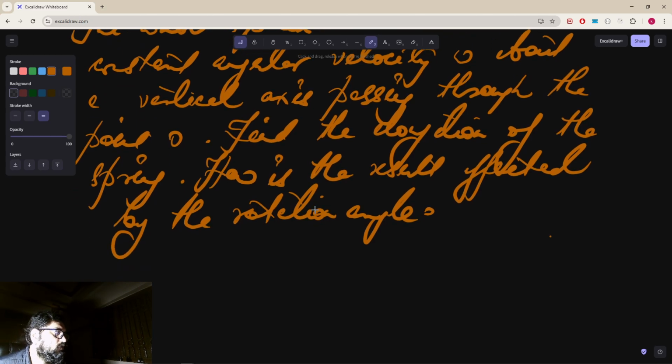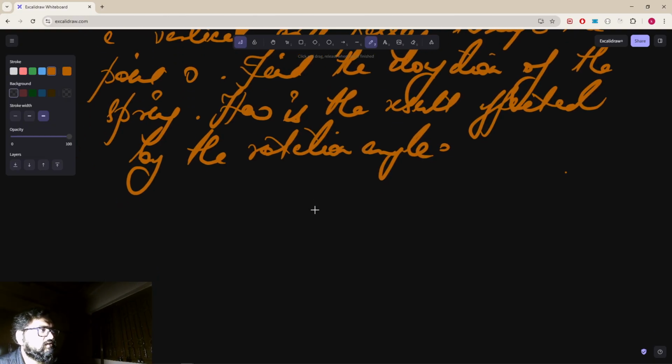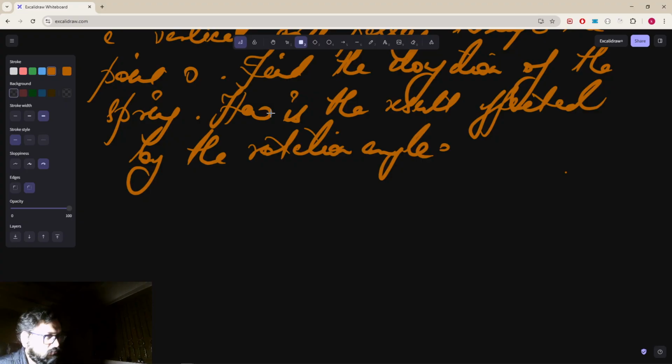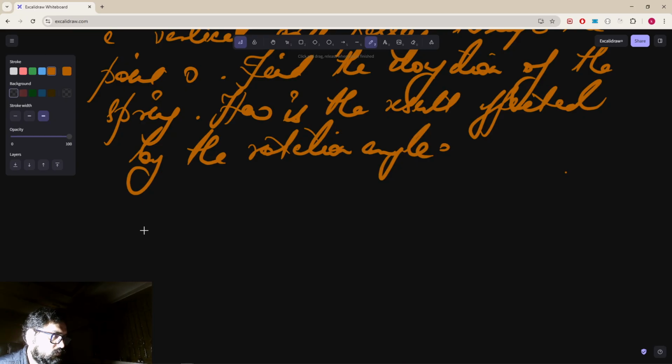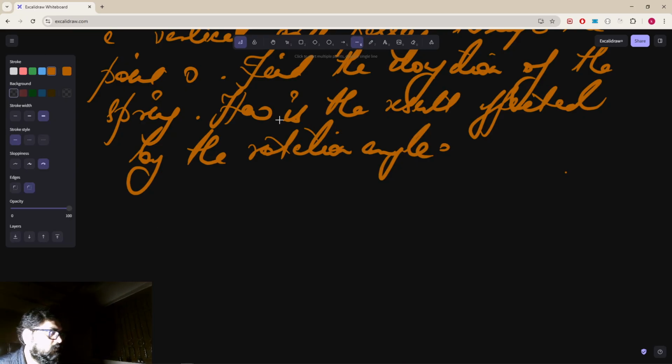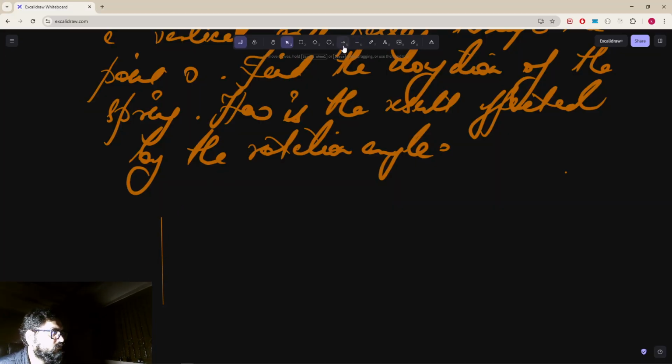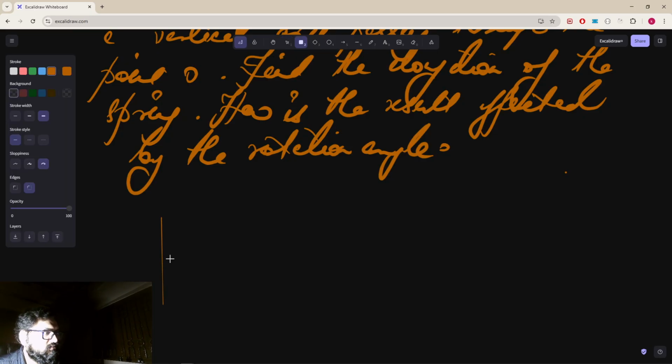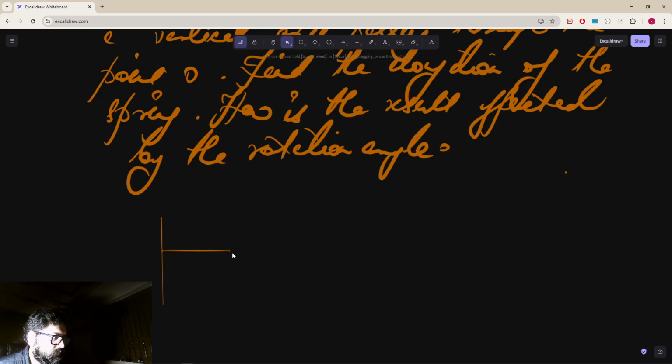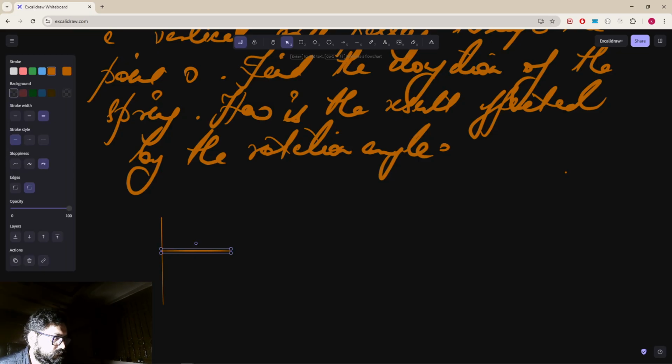Okay, so let me first draw the diagram. I'll draw it with a pen. So let's say this is my vertical axis about which my L-shaped rod is rotating, and let's say this is one end of the rod.